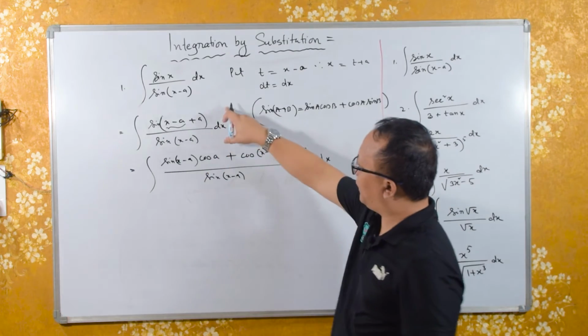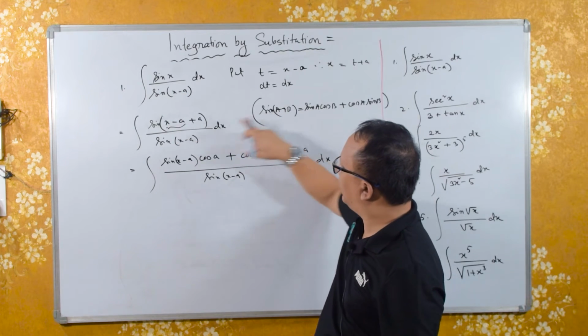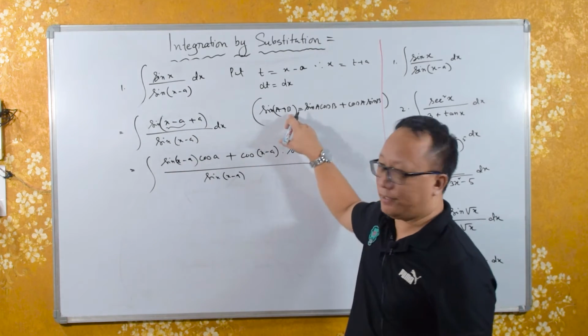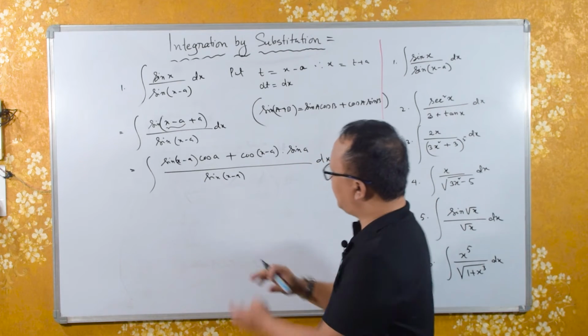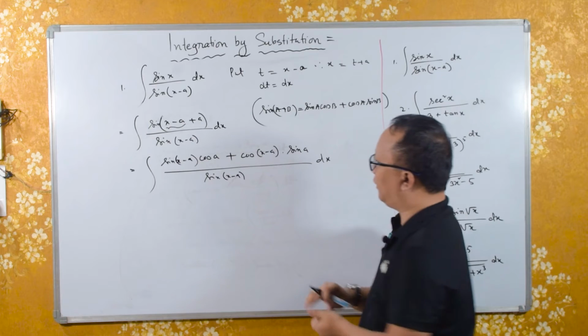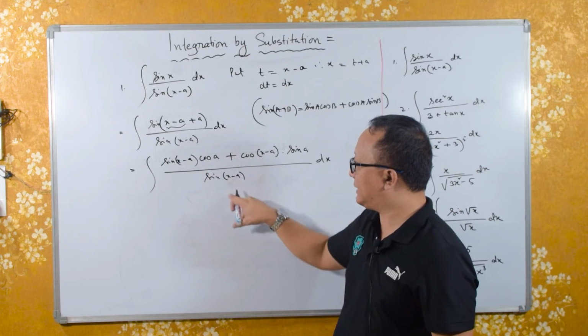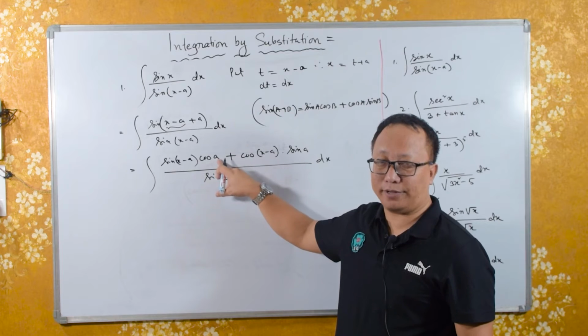Here I am applying this formula, considering x minus a as a and plus a as b. Now I can distribute similarly over this term and this term. If I distribute this term, sine x minus a will get cancelled and I will be getting cos a.